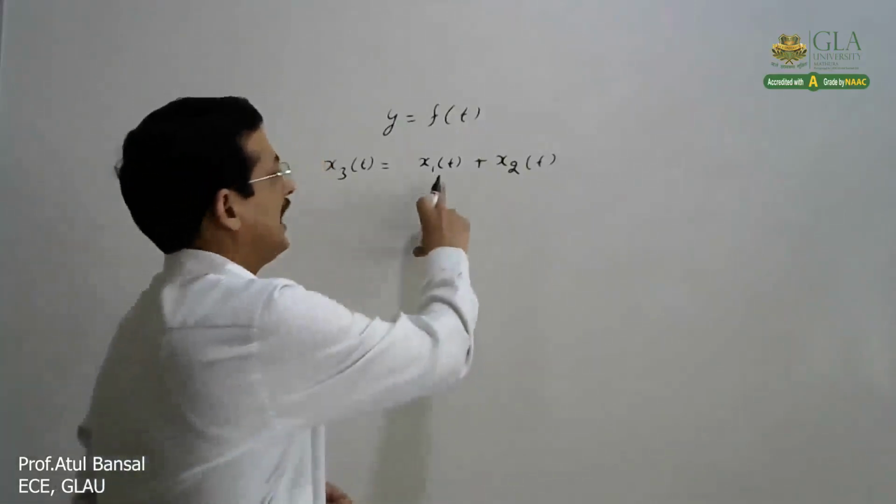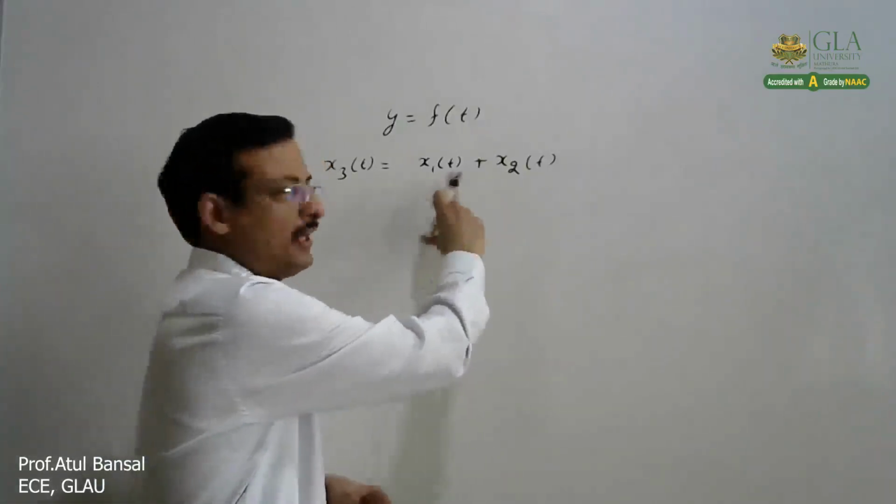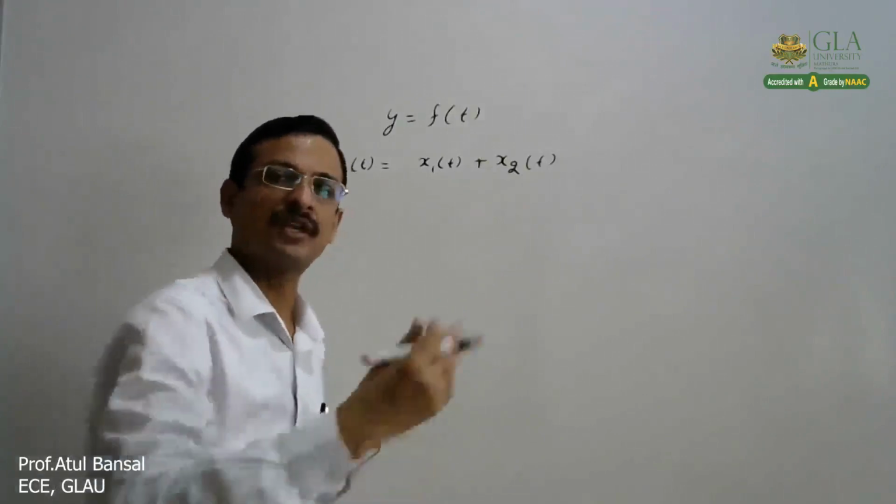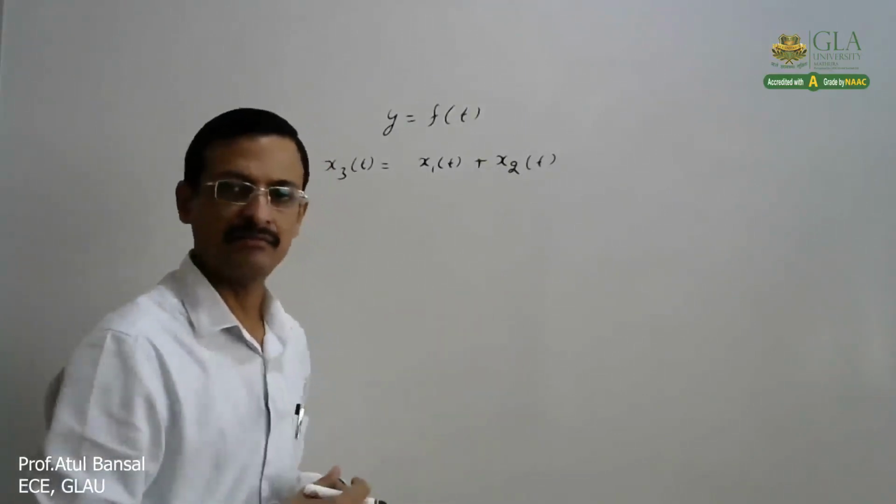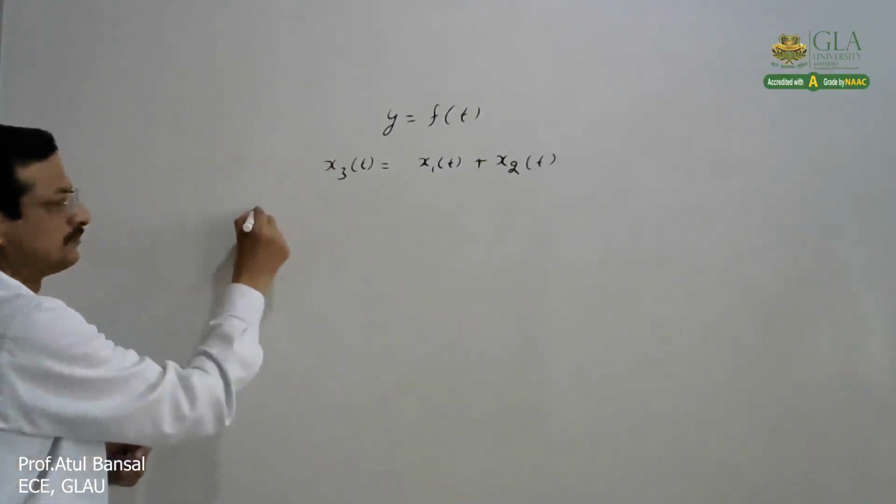It might be that x1(t) is defined from 0 to 2 and x2(t) is defined from -1 to 3. It can be like that. Let us take an example.